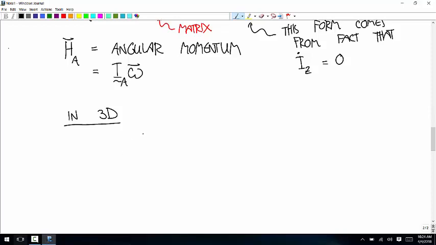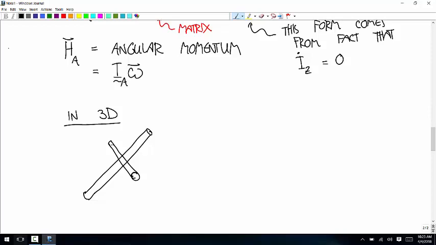So if you start out with an object like this, and then you rotate it into a position like, let's say, this, because you can now rotate about any axis or any combination of axes.